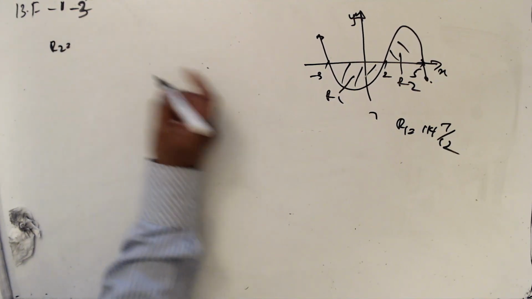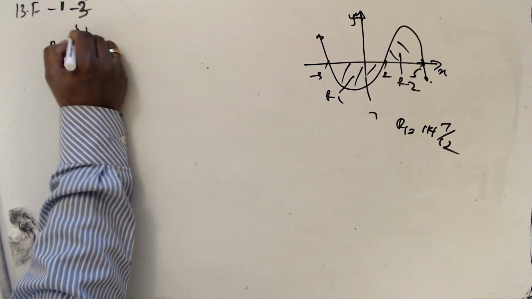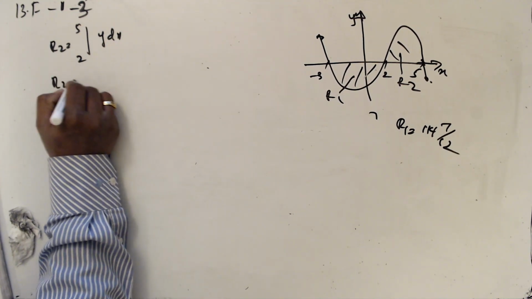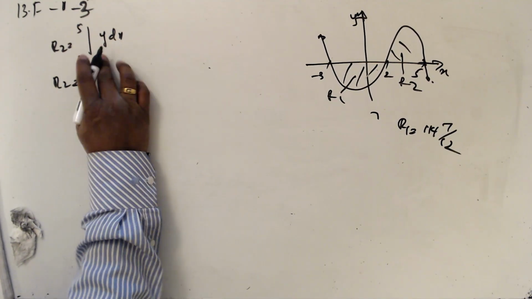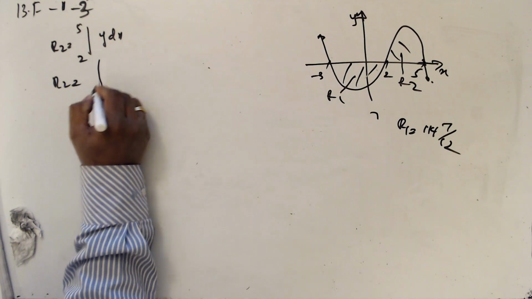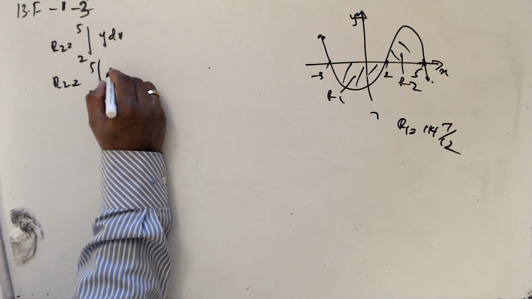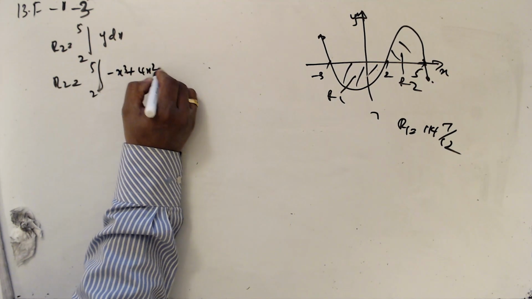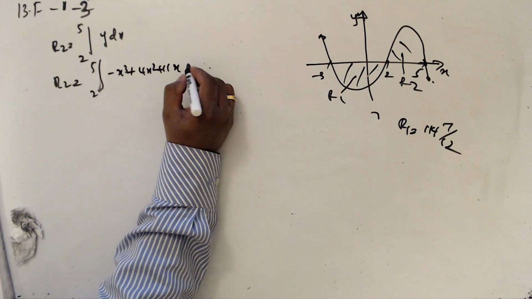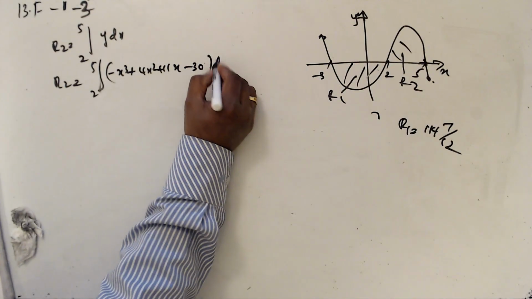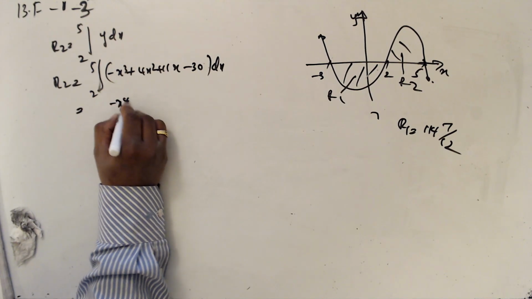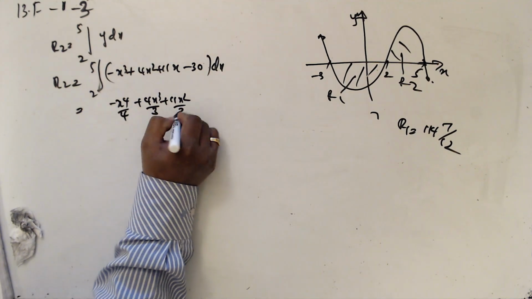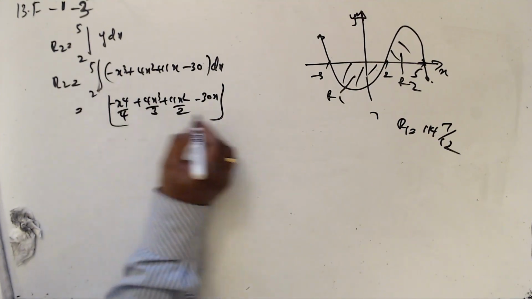So R2 is positive, the integral from 2 to 5 of y dx. So R2 is the integral from 2 to 5 of minus x cubed plus 4x squared plus 11x minus 30, dx, which gives minus x to the power 4 over 4 plus 4x cubed over 3 plus 11x squared over 2 minus 30x from 2 to 5.